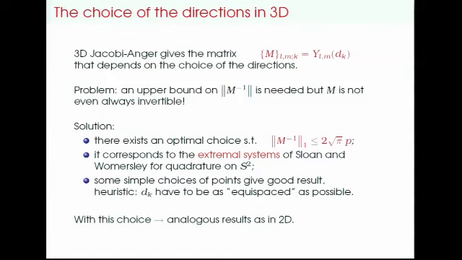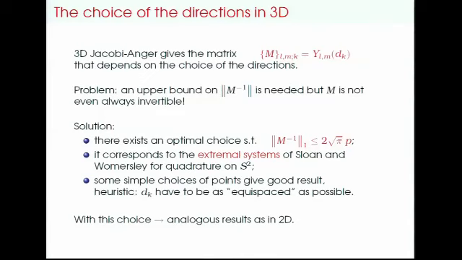But it's possible to do something simpler. If you choose some heuristic, some almost equispaced directions on the sphere, you see it works very well from the numerics. So it's not so important to have the optimal choice of the directions.